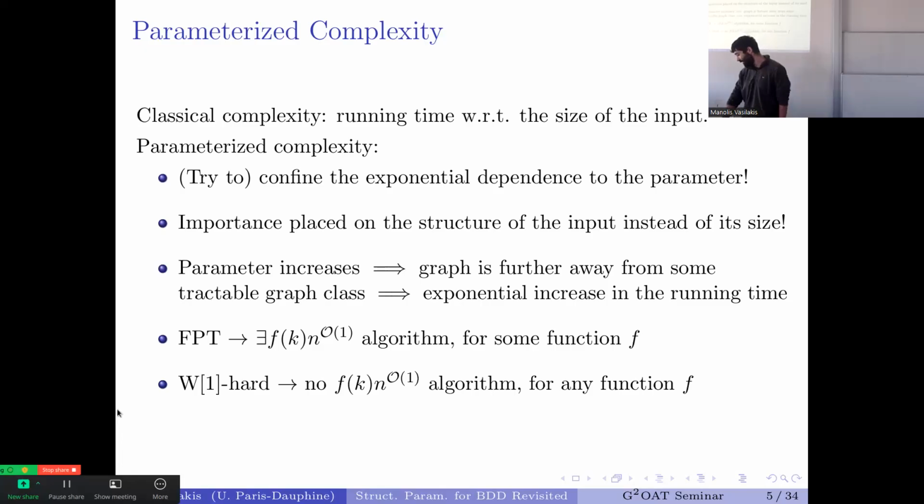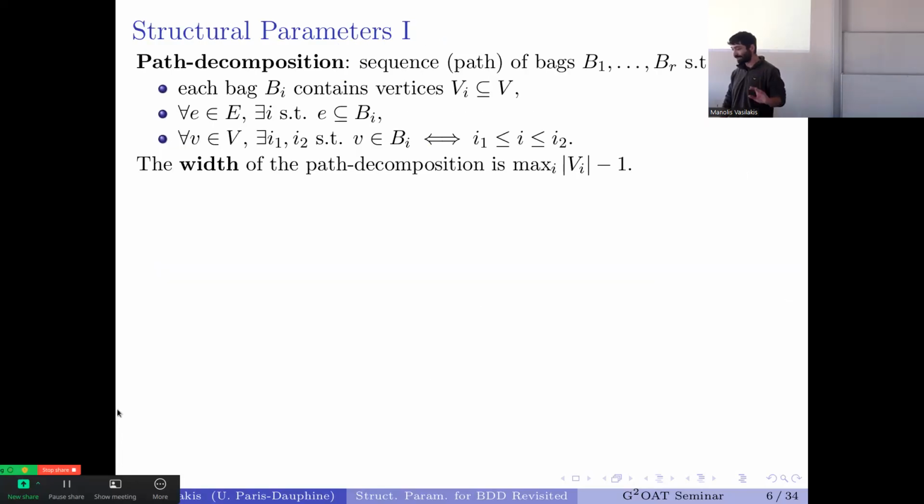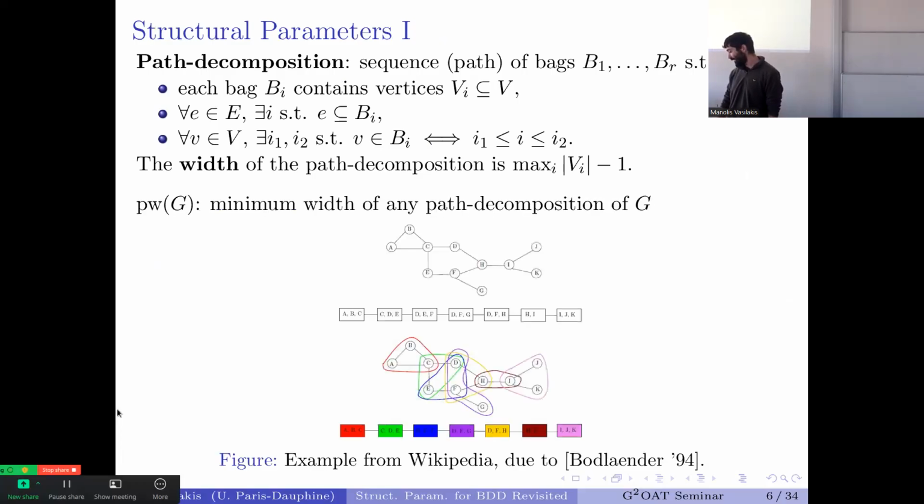I will also go very quickly over some structural parameters that we will use. Here we define the path decomposition, and I have stolen this picture from Wikipedia. The idea is that we're given a graph, and we want to somehow embed this graph in a path, considering in our new graph slightly fatter vertices, each one containing a subset.